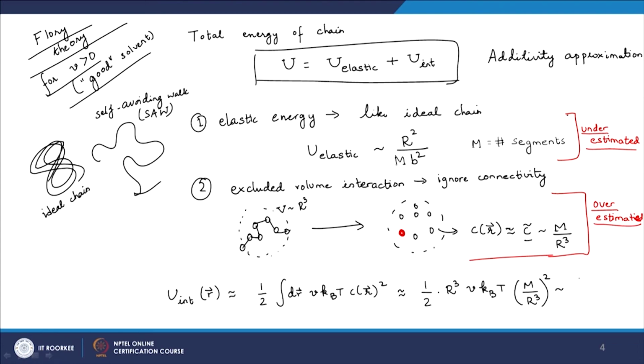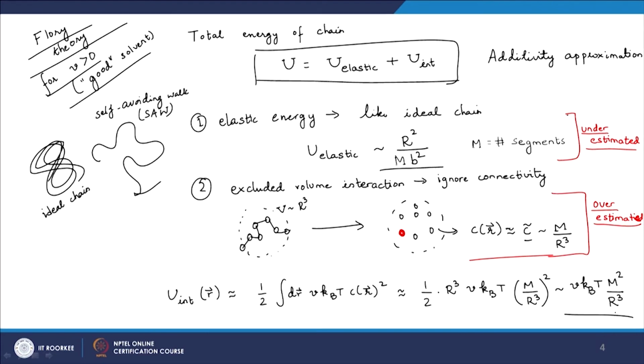This gives me something like V k b t m square by r cube. Again we drop the prefactor 1 by 2 since we do not care about the prefactors in the scaling law.